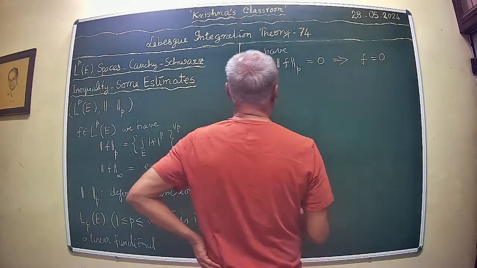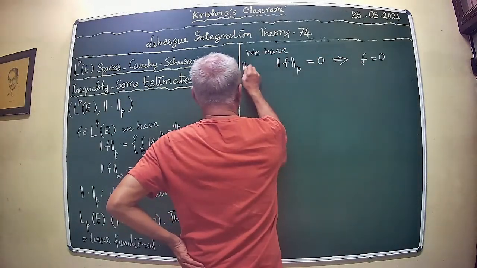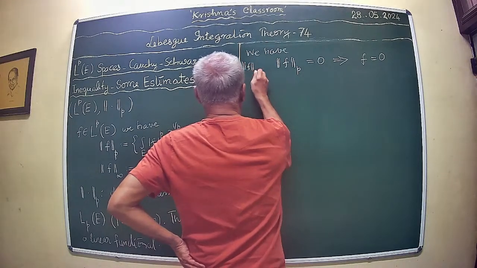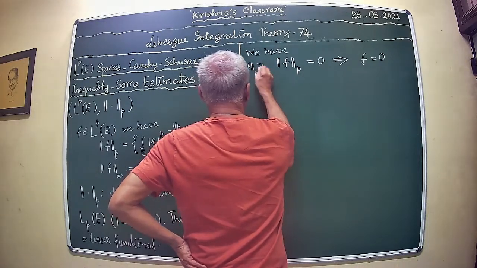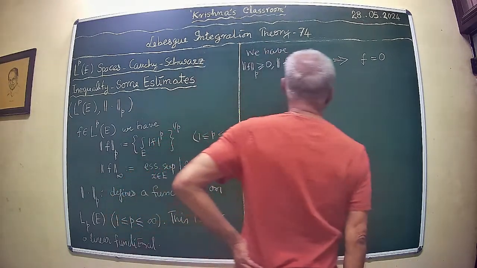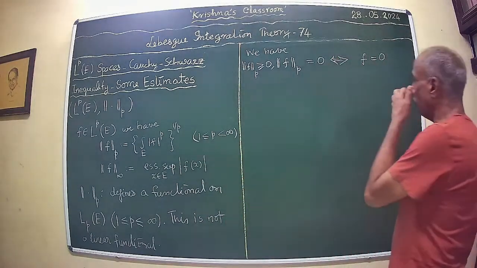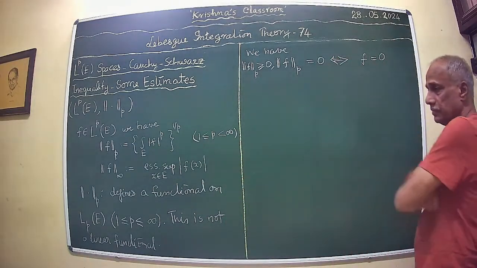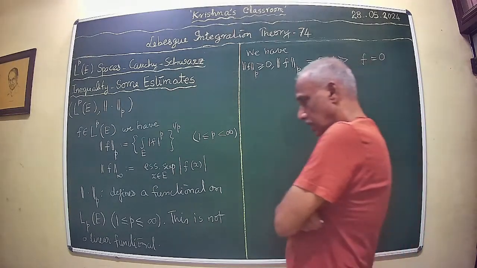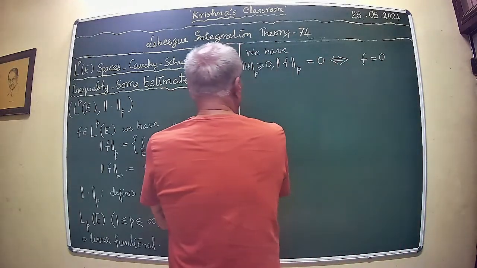Of course, this one, this is 2. And this result, therefore, it satisfies the first condition for this function to be a norm.